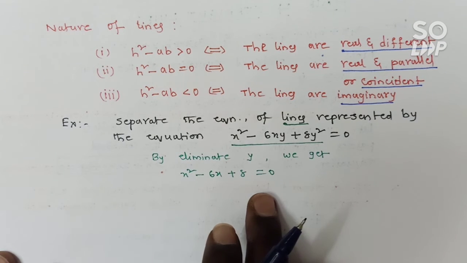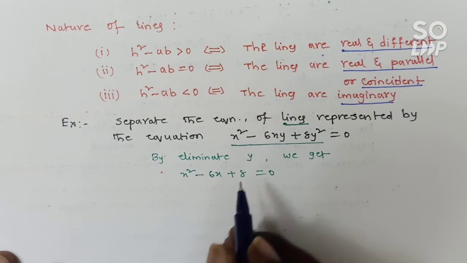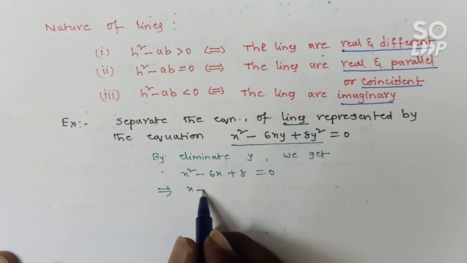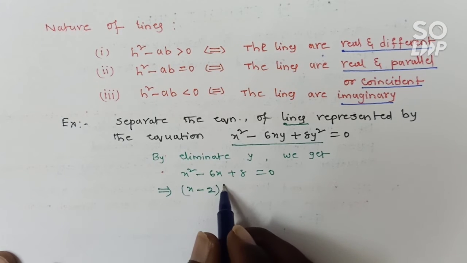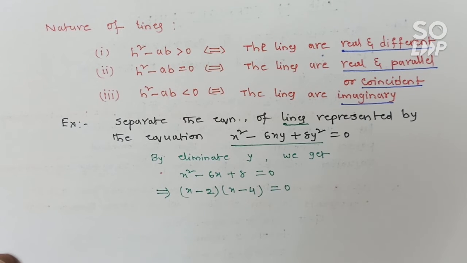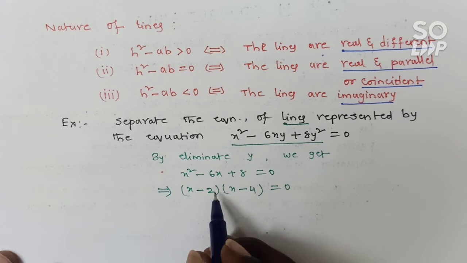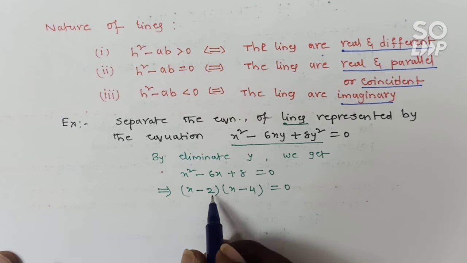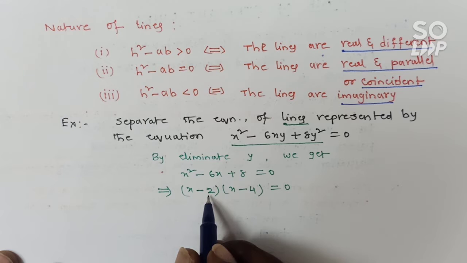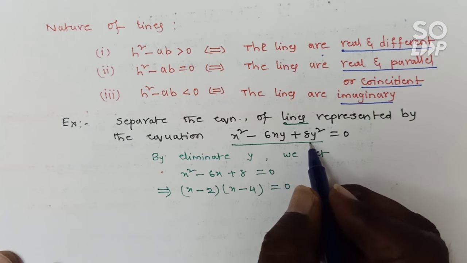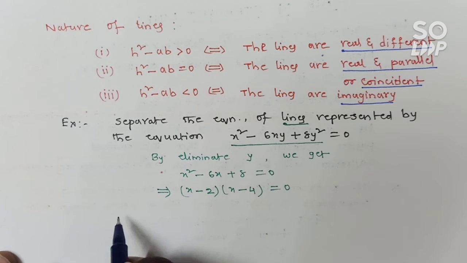Right? This one is in the form of a quadratic in variable x. You know what are the factors of this one? X minus 2 into x minus 4 is equals to 0. Right? So after this, to the constants we write y. Here in place of 2 you write 2y, in place of 4 you write 4y, because here 8y square is there.